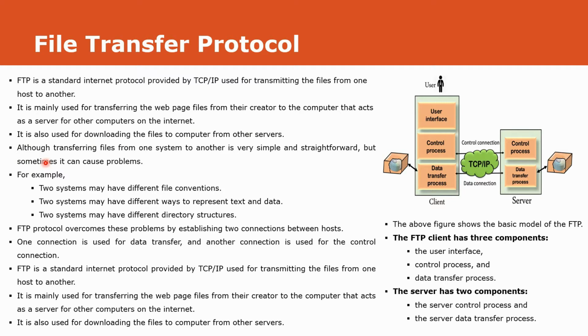But whenever some circumstances arise and the behavior of a computer system is not appropriate, it causes some problems. Here are some examples of such problems. Two systems may have different file conventions.